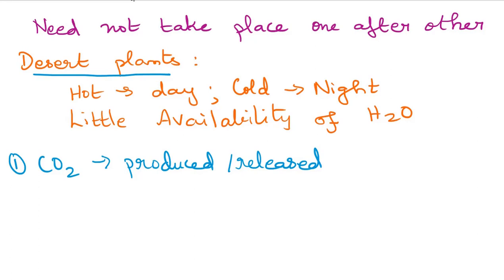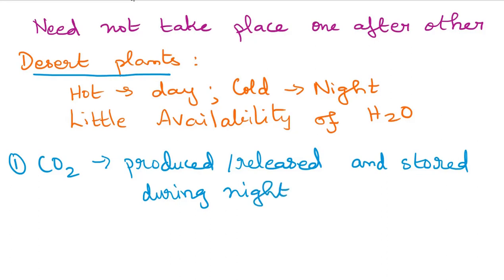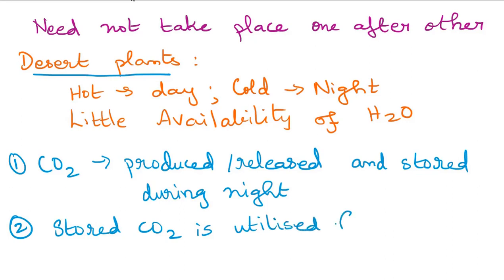The carbon dioxide thus released is going to be stored by the plants during the night time, whereas during the day, the stored carbon dioxide is utilized for photosynthesis. Because at night, there is no sunlight, photosynthesis cannot be performed.